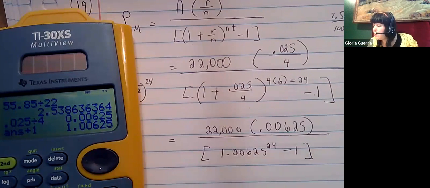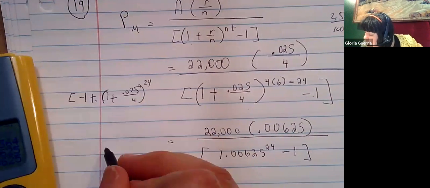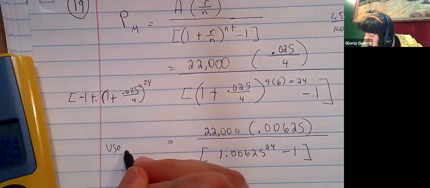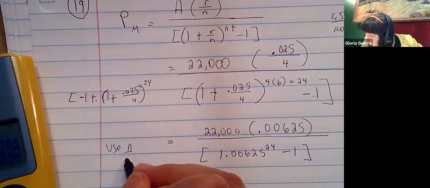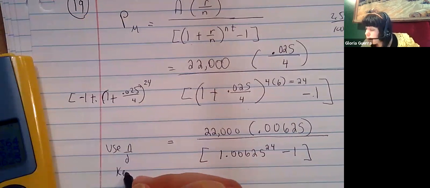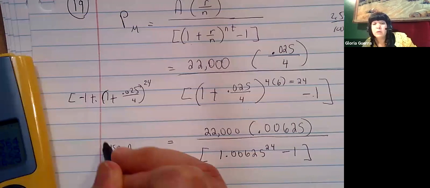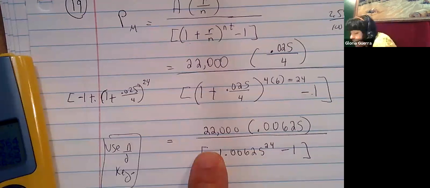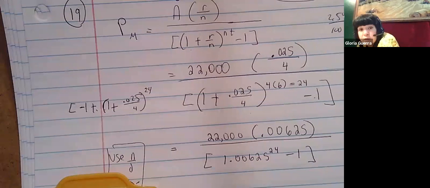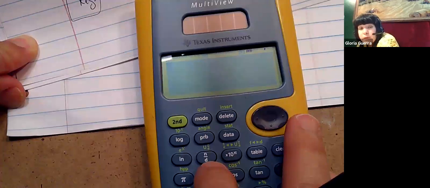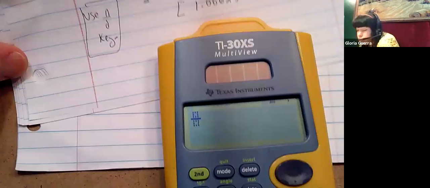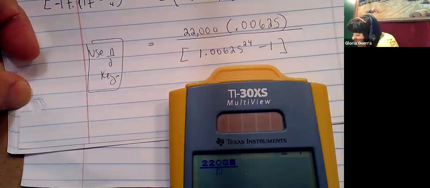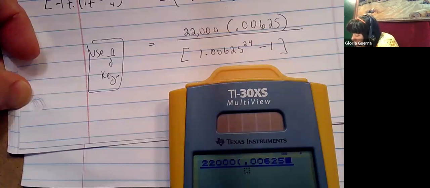And if you're using that n over d key, then you don't really need these brackets down here. Let's just show it. So I have the n over d key right here. Then I'm going to put 22,000 times 0.00625, close the parentheses.